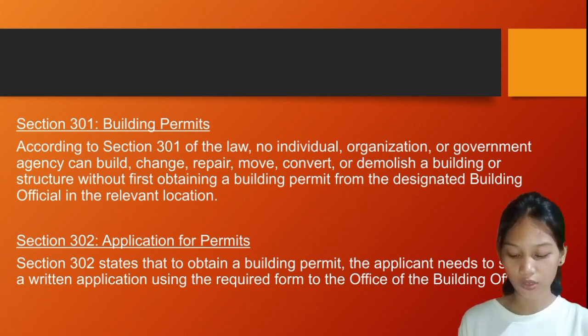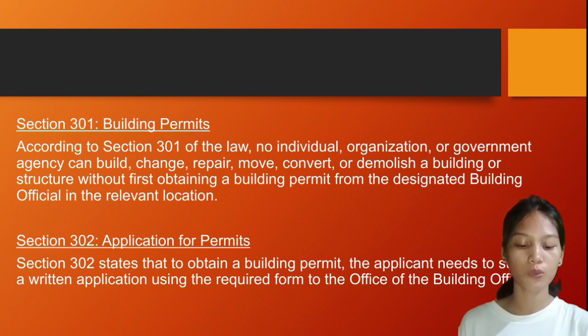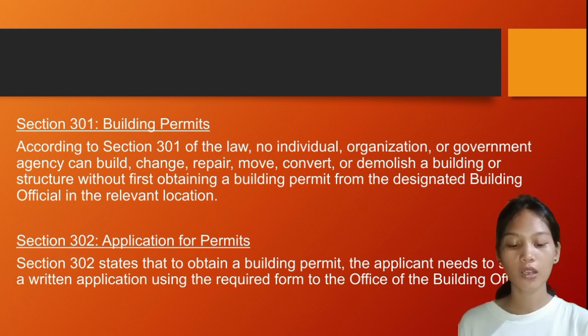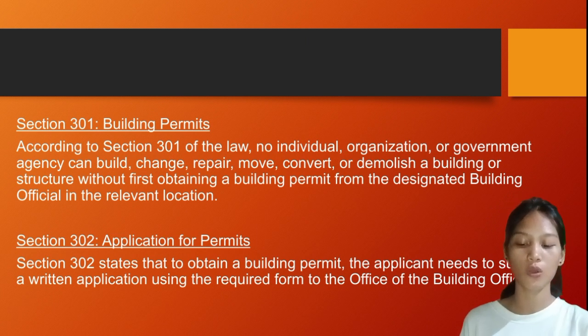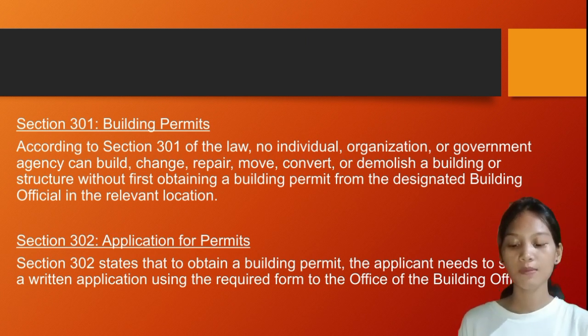Every application shall provide at least the following information: a description of the work to be covered by the permit applied for, description and ownership of the lot on which the proposed work is to be done as evidenced by TCT and or copy of the contract of lease over the lot if applicant is not registered owner, the use or occupancy for which the proposed work is intended, and lastly, estimated cost of the proposed work.